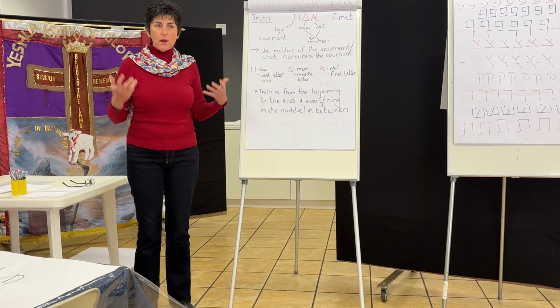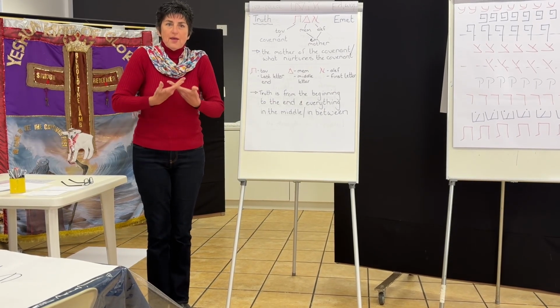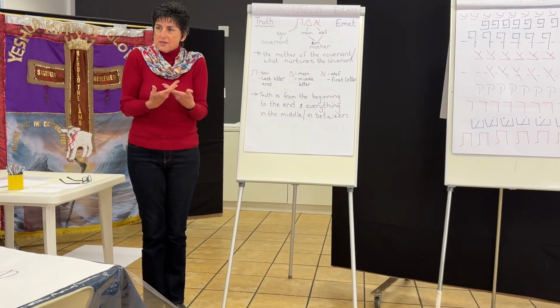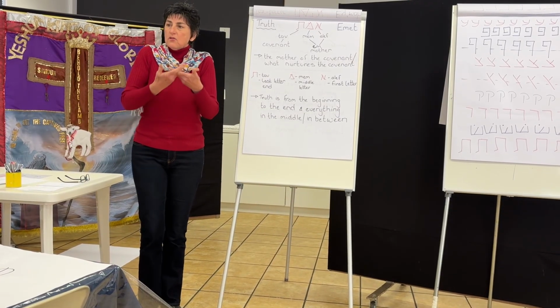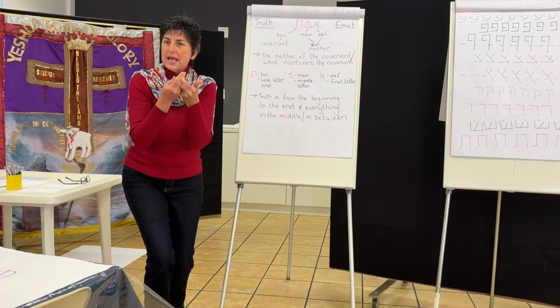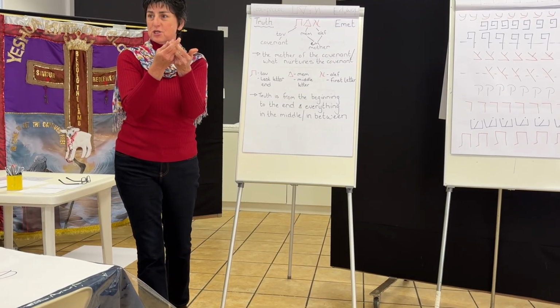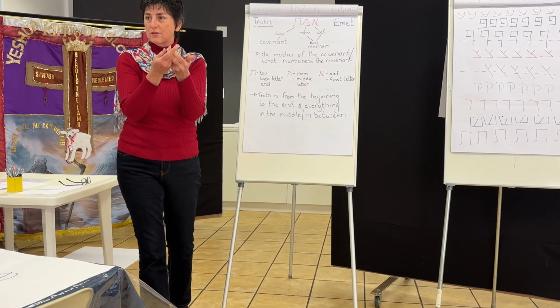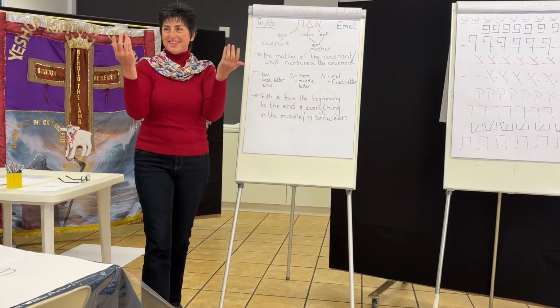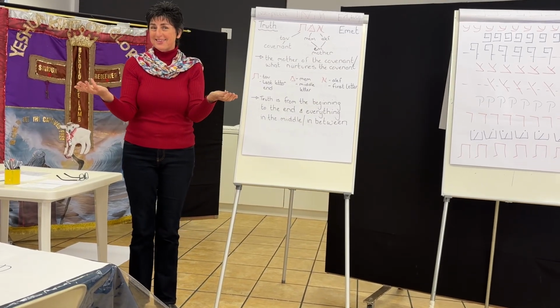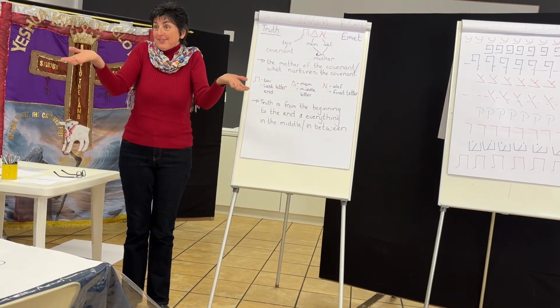So when we walk with Father in covenant, the truth is what brings us in and helps us to nurture that relationship. And what is the truth? The truth is His Word. Is Him. Is Yeshua Himself.